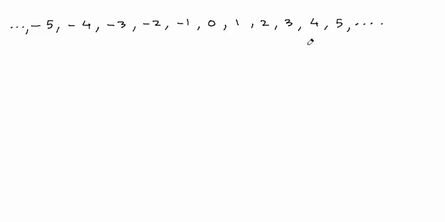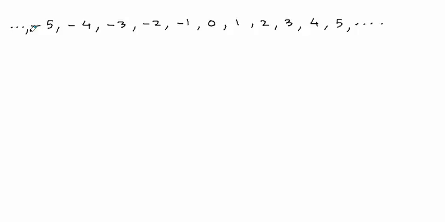The dots at the two ends indicate that the list of integers is never ending. There's no end. You can go on forever and ever. 5, 6, 7, 8. Similarly, you can go on forever and ever on the other side, on the negative side.